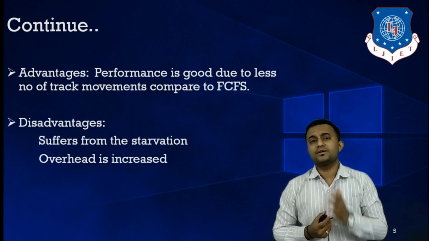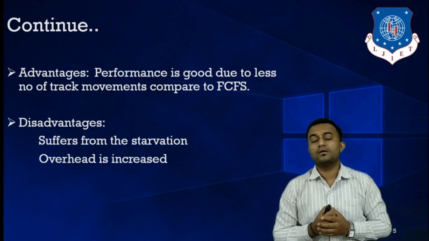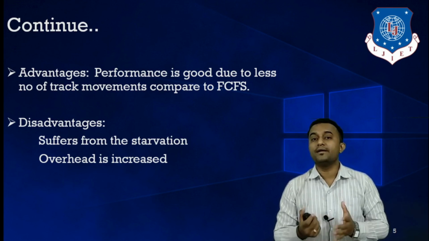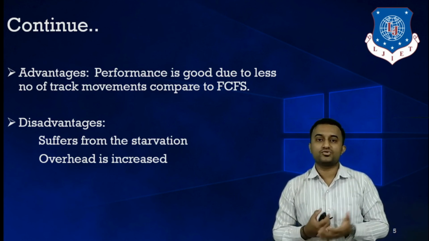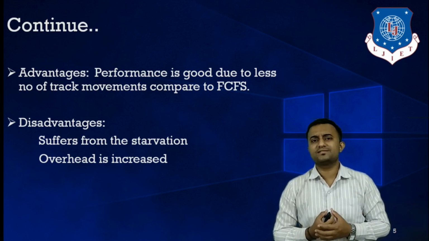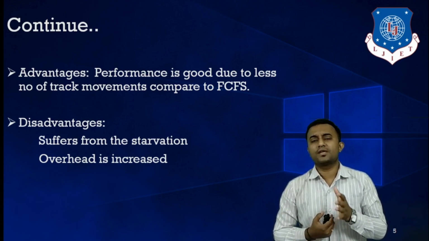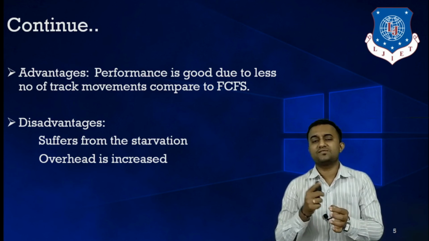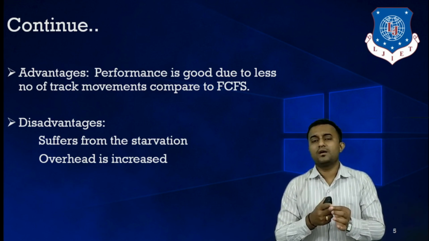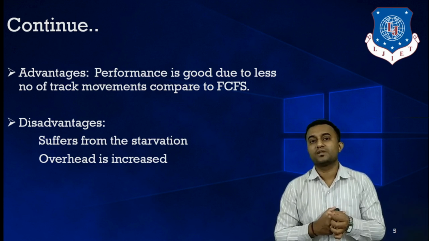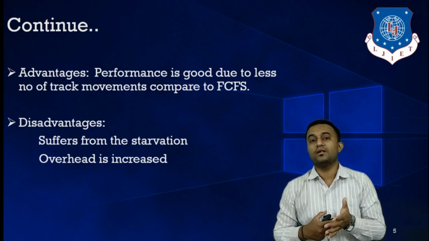Another disadvantage of this algorithm is overhead. Overhead is increased. Why? The working of this algorithm is at a particular moment of time. Once the algorithm satisfies one request, it needs to execute the same logic again for each and every track number that it wants to travel.